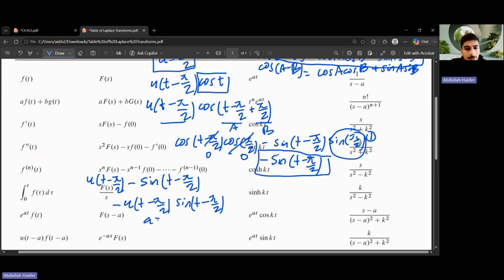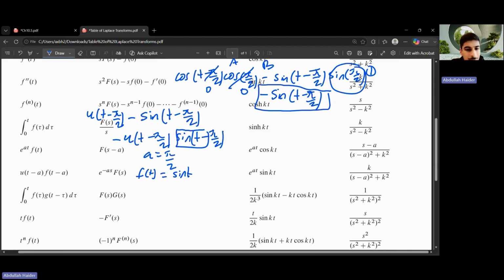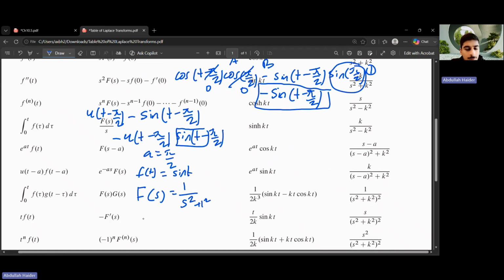You have a is equal to pi over 2, and your f of t, basically without the a, is sine t. F of s is going to be the Laplace of sine t, which is 1 over s squared plus 1. So you should have e power minus pi over 2s multiplied by 1 over s squared plus 1, and this is minus, by the way, because you have a minus sign here, so you have to put a negative sign.